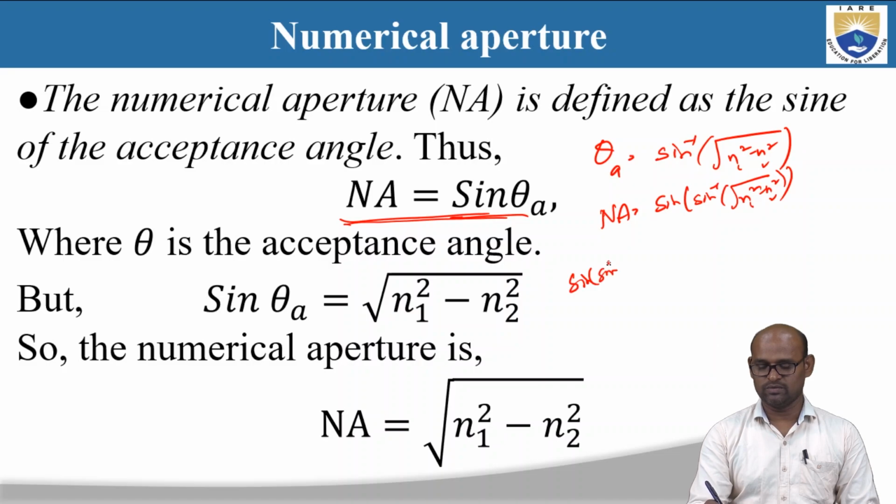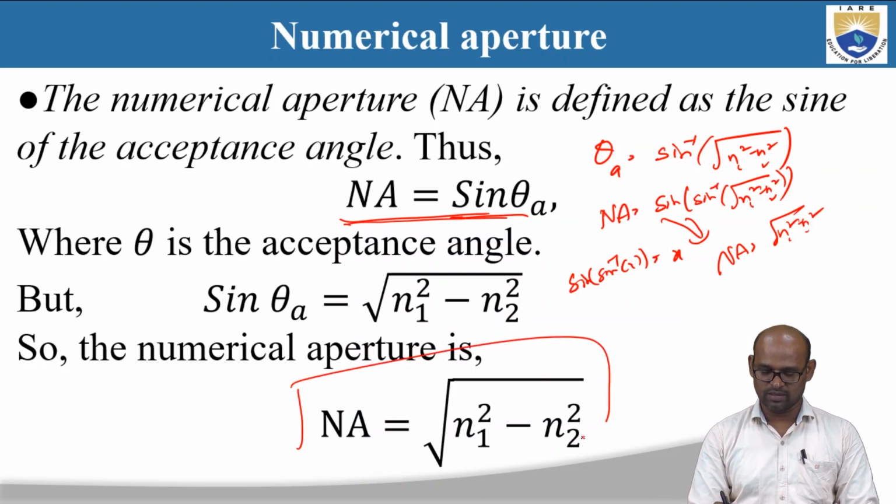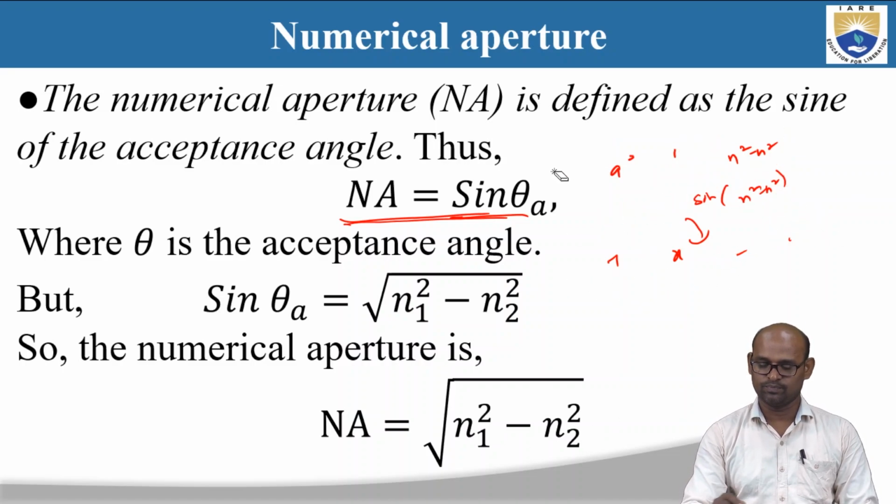Sine of sine inverse of x is actually x, right? So from this equation we get numerical aperture as square root of n1 squared minus n2 squared. That is why I have written it here.